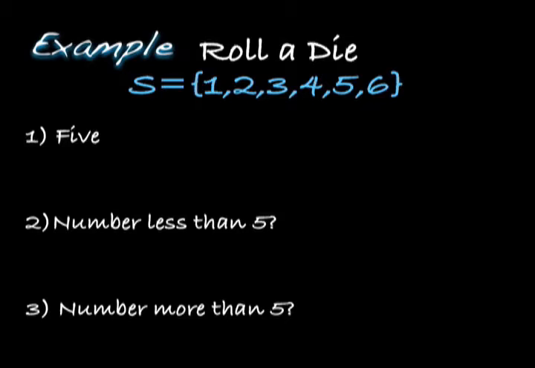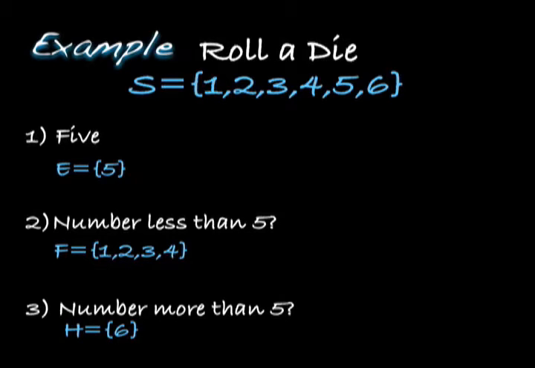So the event of rolling a 5, remember, there's 1 outcome associated with rolling a 5. So then we could determine the probability. A number less than a 5. Remember, there were 4 outcomes associated with rolling a number less than 5.